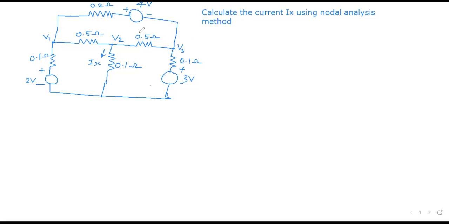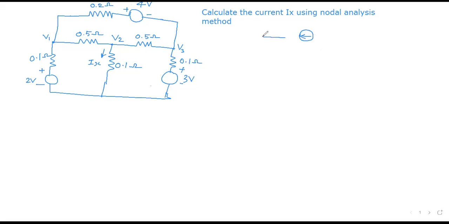So now we are going to convert those voltage sources into current sources. For example, the 4 volt in series with 0.2 ohm, I am converting into a current source. This is the current flow. Why? Because of plus to minus, the current flows from the left side to the right side, so the arrow is towards the left side.